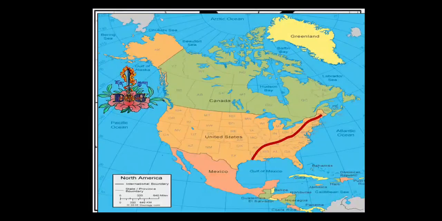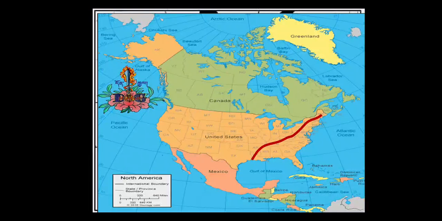So this is the Gulf of Mexico. If we say Gulf, it means a water body that is surrounded by landmass on its three sides. This particular red line indicates the Big Inch pipeline.